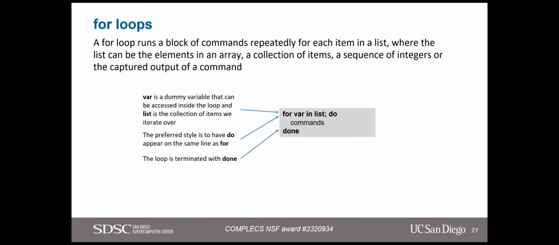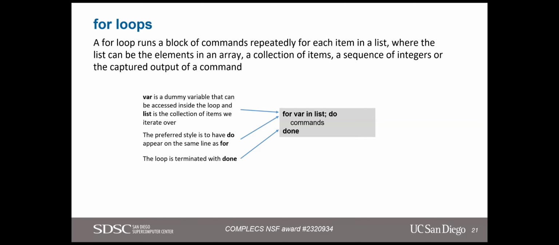So the way these for loops are going to work is it's going to use a for, and then it's going to provide a dummy variable. In our case, we're going to use var. And this is going to allow you to use that dummy variable inside your loop. Then it's going to be followed by an in and then the list. The list is going to be the collection of items that we're going to iterate over, and then a semicolon and a do. Best practice is for the do and the for to be on the same line.